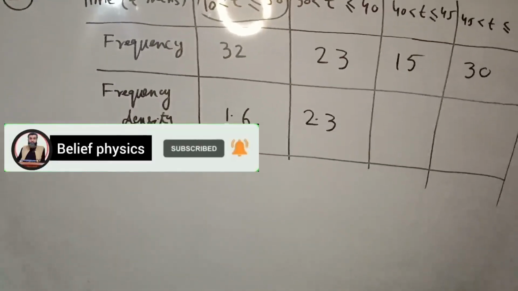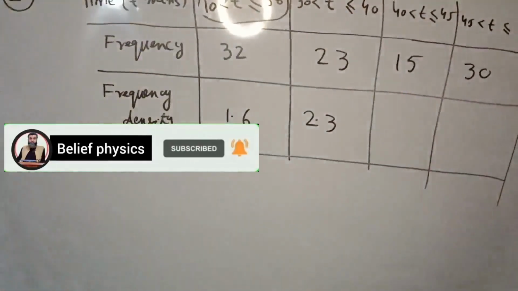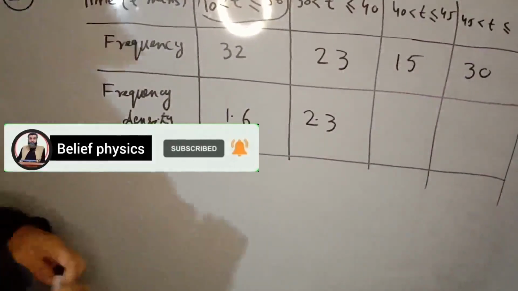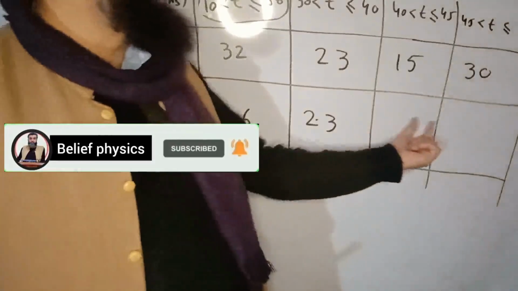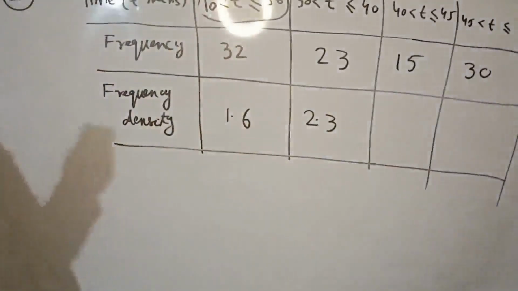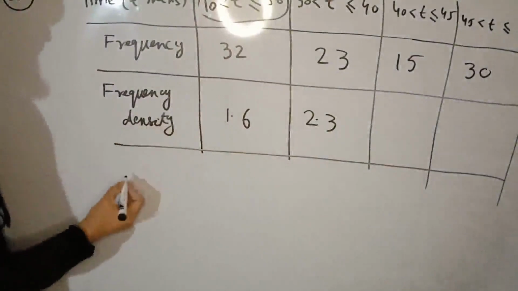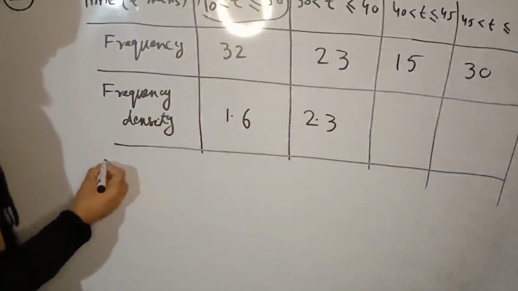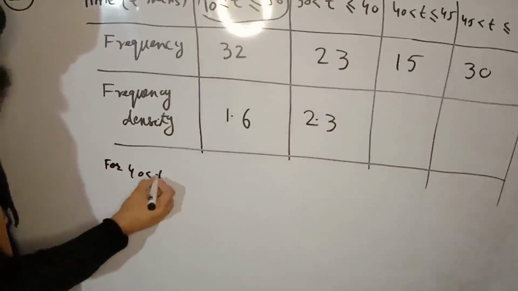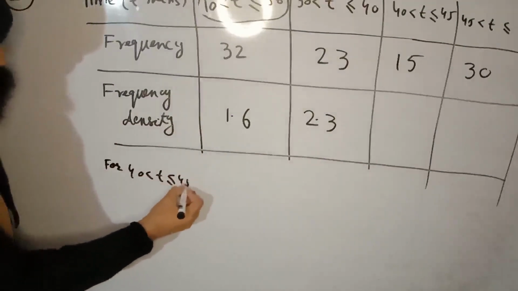So that is the answer of the first part. B part is, on the grid which is given in the answer space, draw the histogram. To draw histogram, we need the frequency density of these two intervals. So again we use that formula for interval 40 is less than t, t is less than or equal to 45.